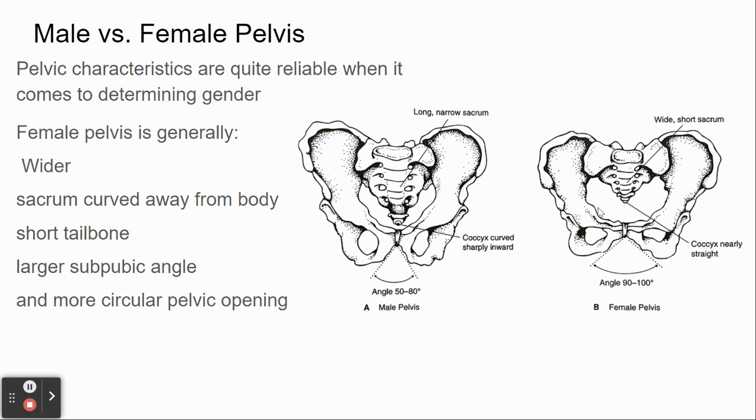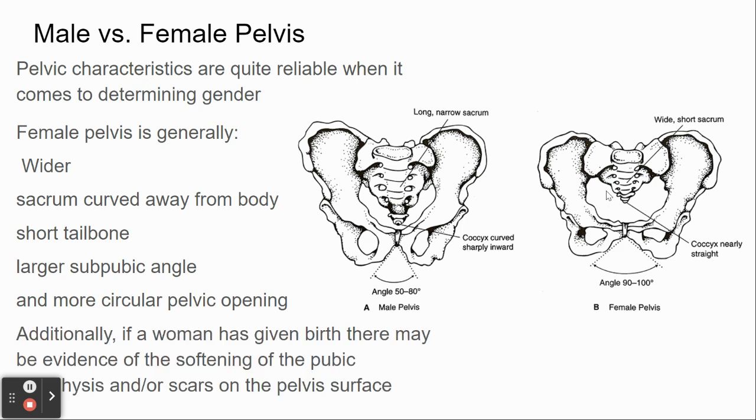There's also a more circular pelvic opening in women, which tends to be larger in diameter. When you look at a male pelvis and a female pelvis on a skeleton, they are noticeably different, and that makes it a little bit easier to identify.